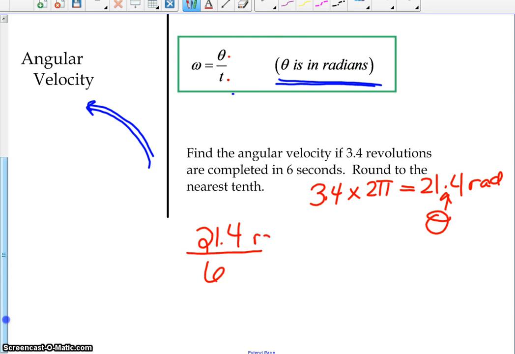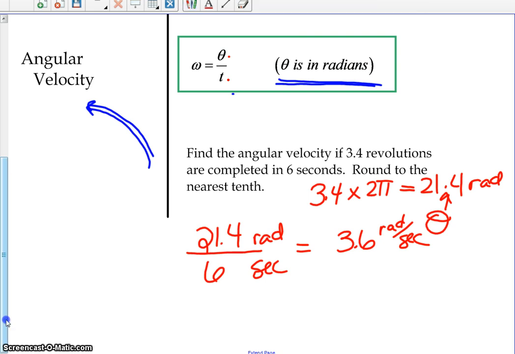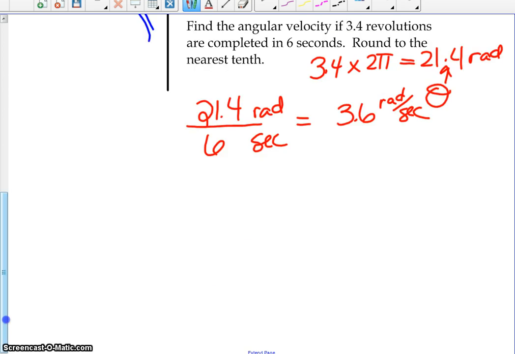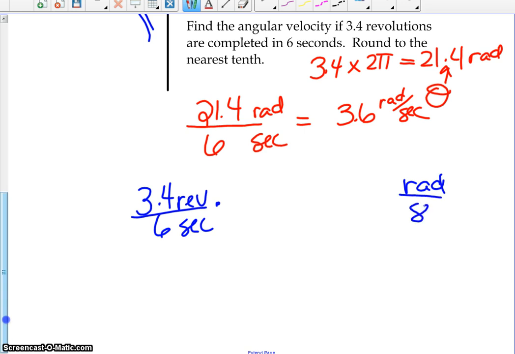So we have radians, and we're going to find it per second. We got for an answer here 3.6, and we write our answer as radians per second. We just did a problem like this, where before we might have said 3.4 revolutions in 6 seconds, and in the end we wanted radians per second.